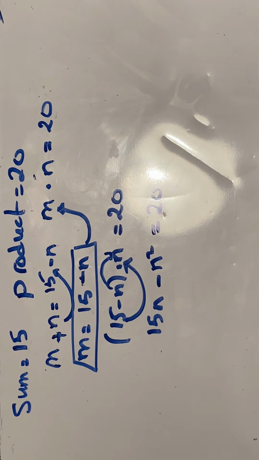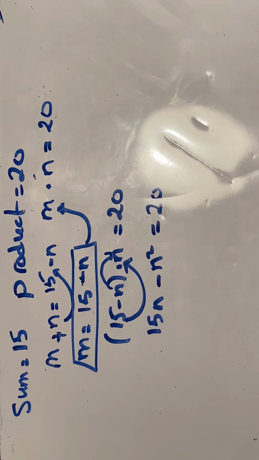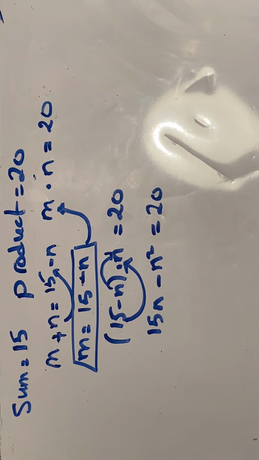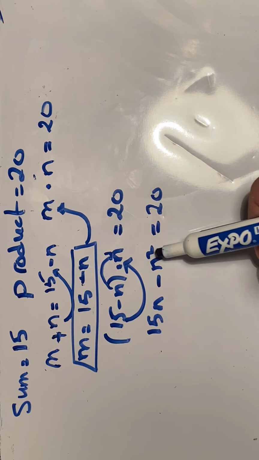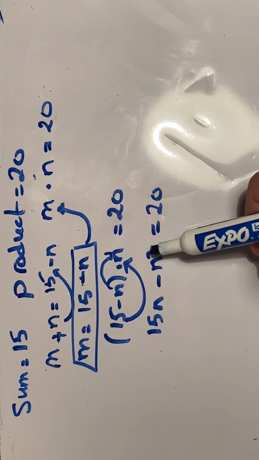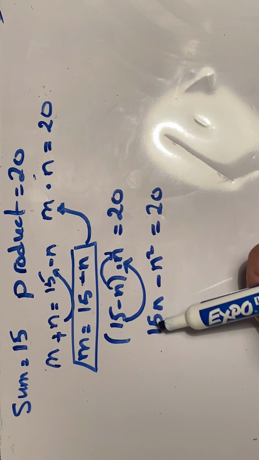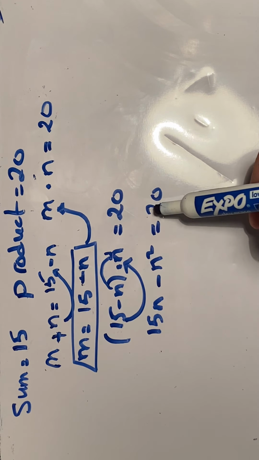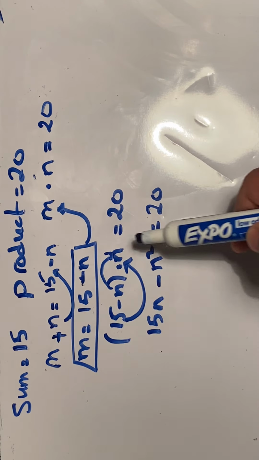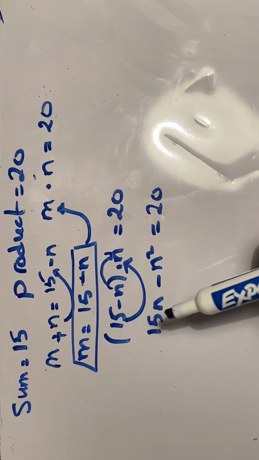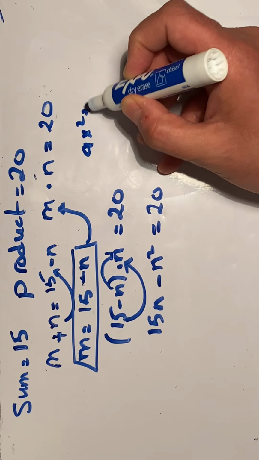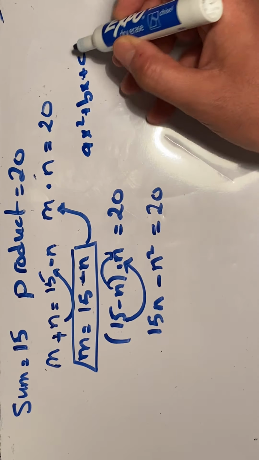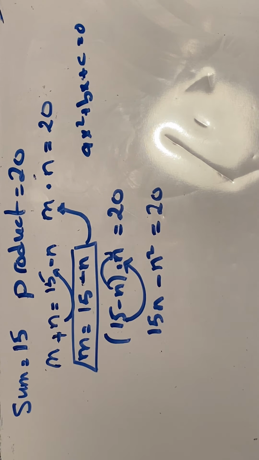Now let's make this clear: if we have an equation of second degree, where we have a square, we have b, and we have c, the only way to solve this equation is to arrange it in the standard form, which is ax squared plus bx plus c equals 0. Never try to isolate because you won't go anywhere.